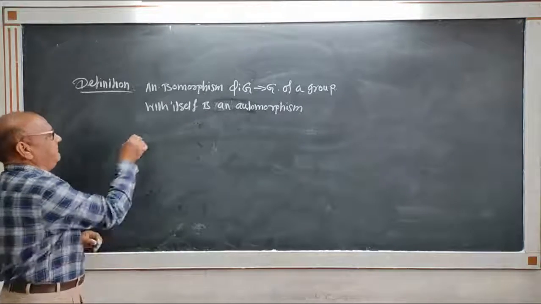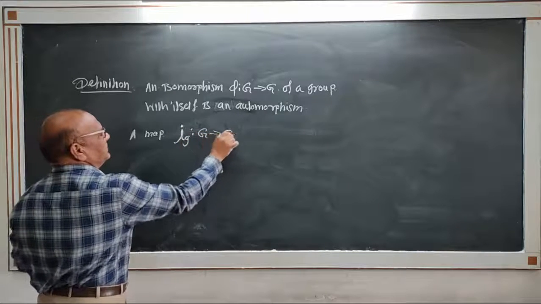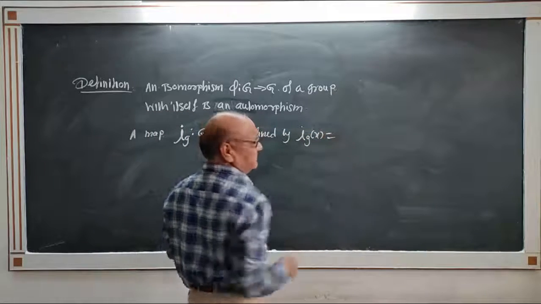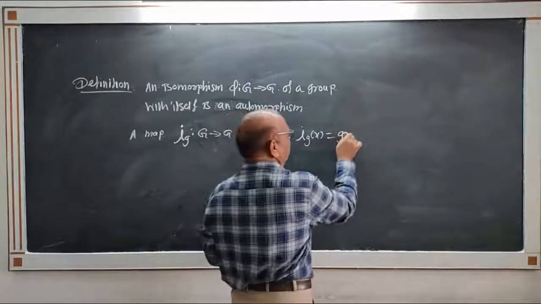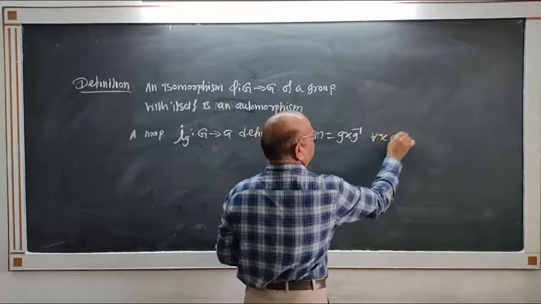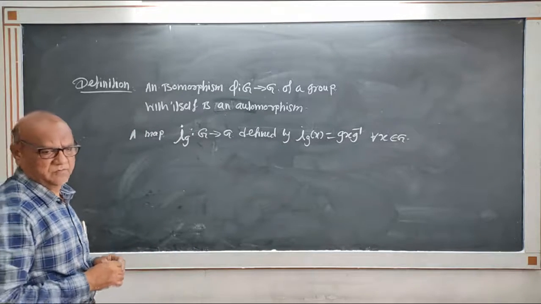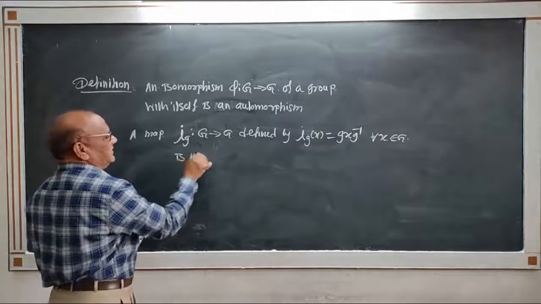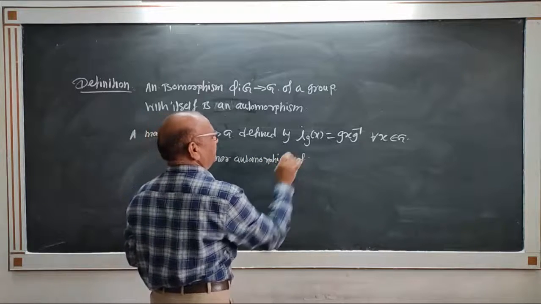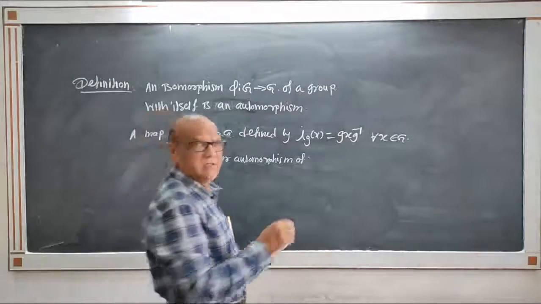Now, a map I_g from G to G defined by I_g of x is equal to g x g inverse for all x belongs to G is the inner automorphism of G by small g.